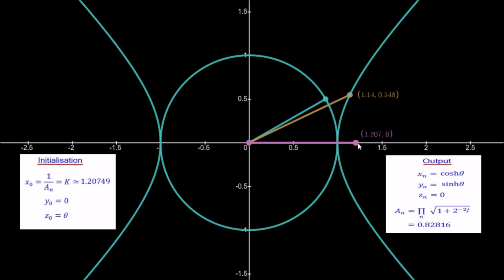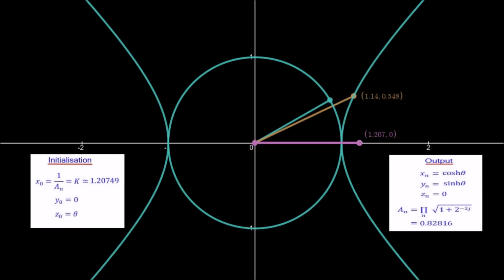So you can see we've got this pink vector here. What we're going to do is increase the angle of this vector, and then compare it to the angle of the vector in brown, which in effect is the vector which maps to the hyperbola.